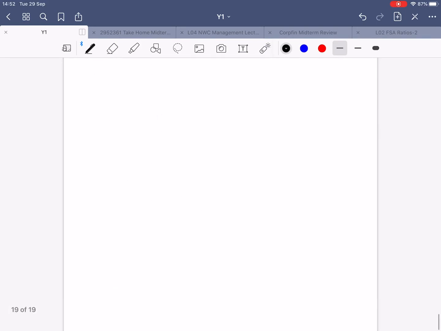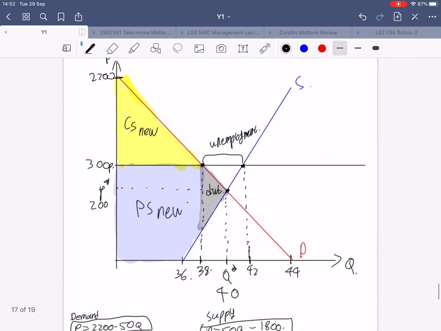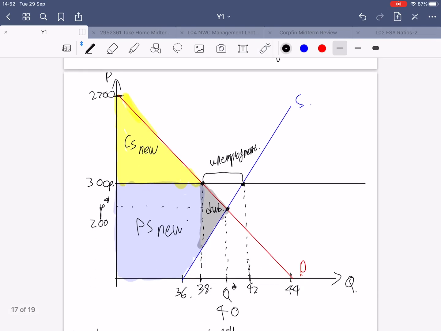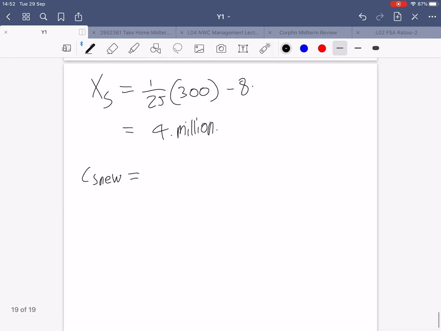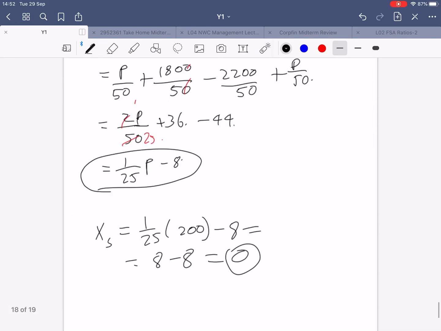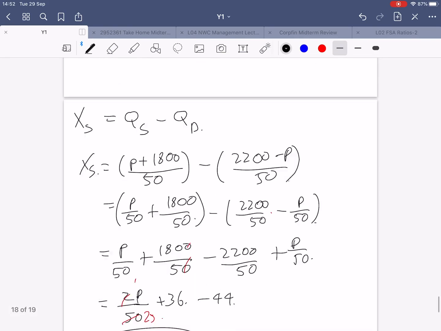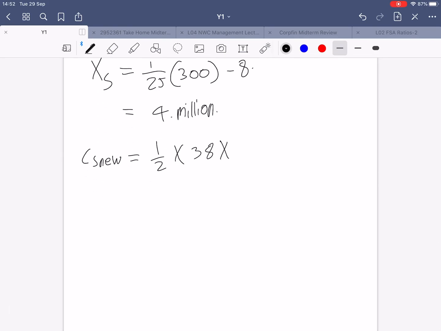So CS new is equal to, as it is a triangle, we are going to use the same formula here. The height is going to be 2200 minus 300, so it is going to be 1900. So it is going to be 1 over 2 times base 38 times 1900, which is equal to 36,100.